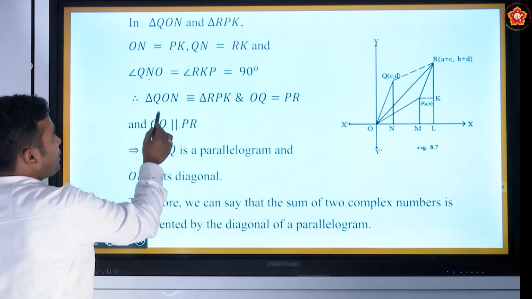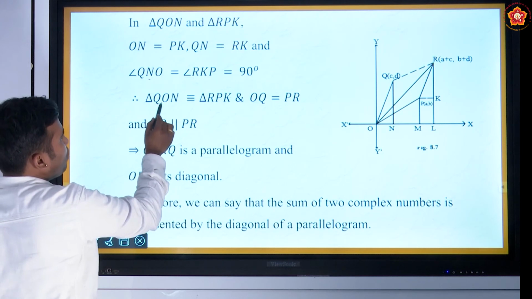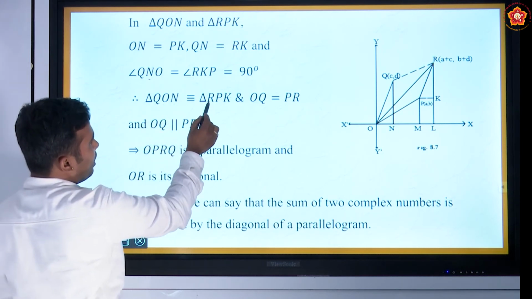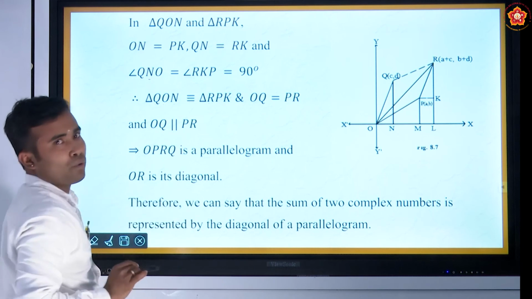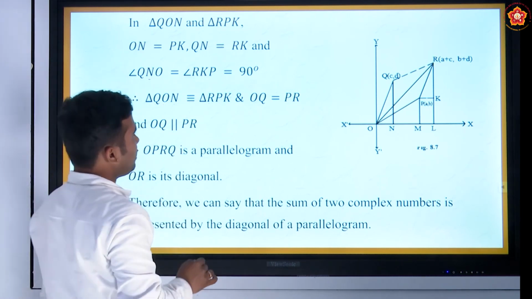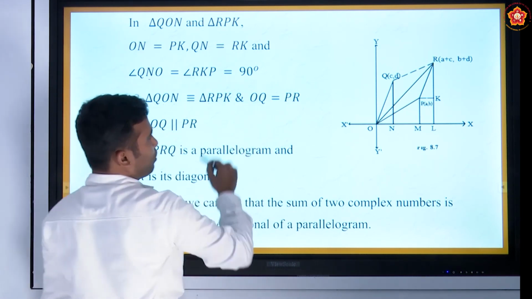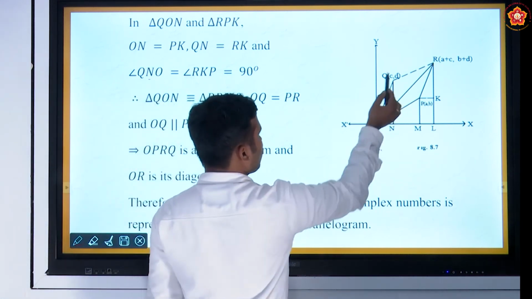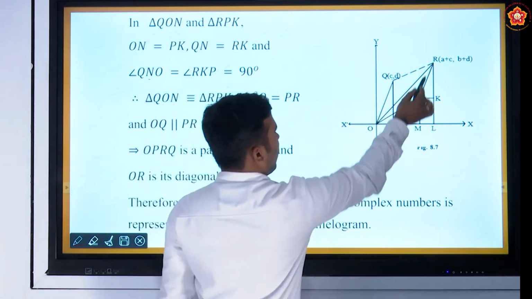Therefore, triangle QON and triangle RPK are congruent. They are equal triangles. Therefore OQ will be equal to PR.